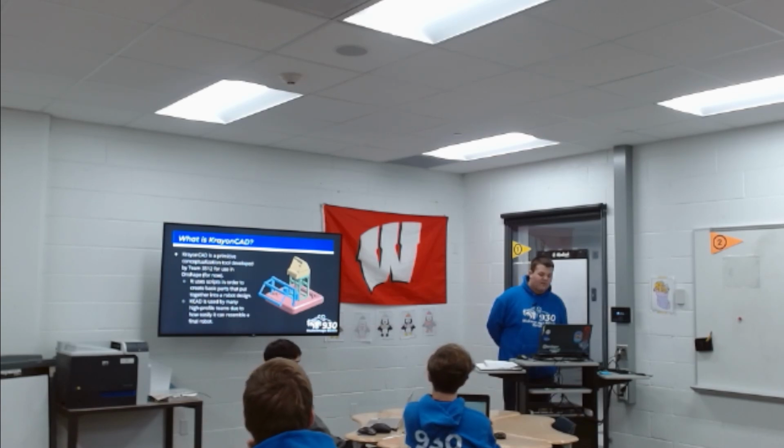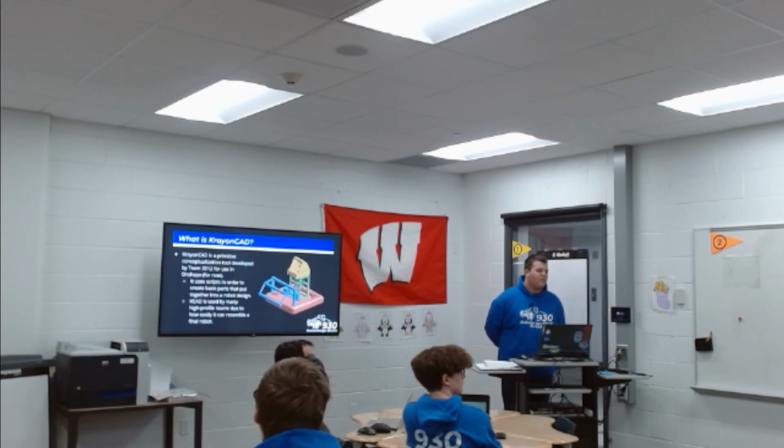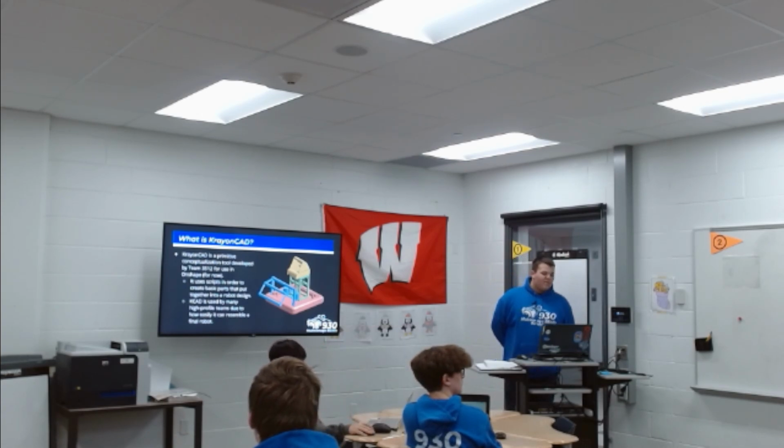So like for the swerves, you can choose the swerve models, you can choose bumper heights, frame perimeters, types of intakes, game piece sizes, everything like that. And it's used to put together a very simple robot design. It's used by many high-profile teams due to how it can resemble a full robot, like a final robot design very, very quickly.